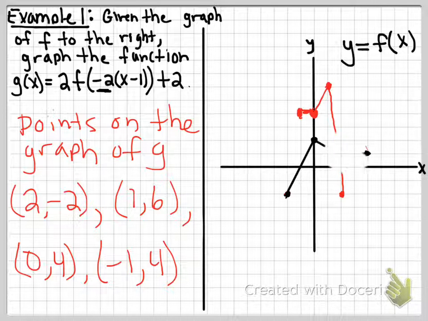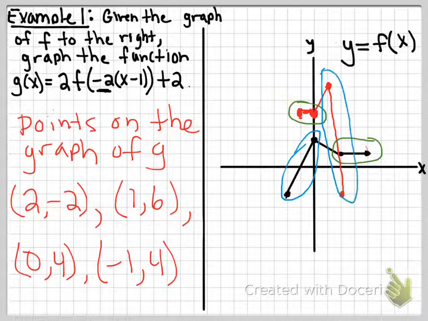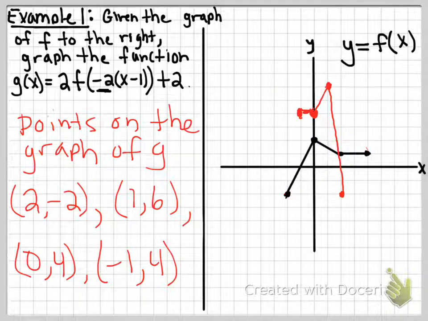So let me do that again. So these 2 points were transformed into these 2 points, and if I switch colors, okay, this line segment right here got transformed into this line segment right here. Alright, but there's the graph of G.